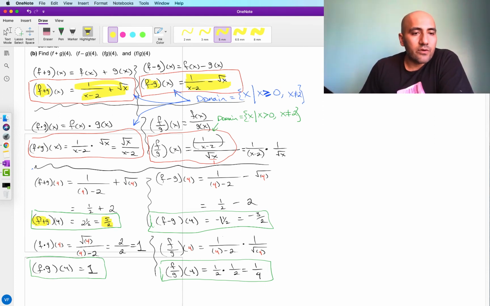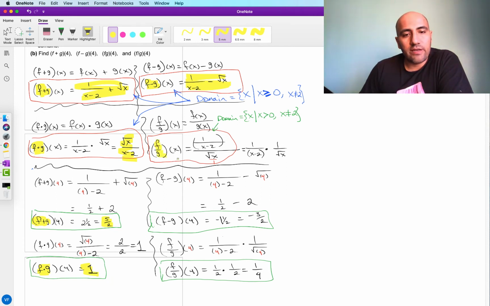Same thing with the other ones. So here is my new function, fg. Here is what it equals. It equals root x over x minus 2. And so to evaluate it at 4, I just have to replace every one of those x values with a 4, and so I get this as an answer.